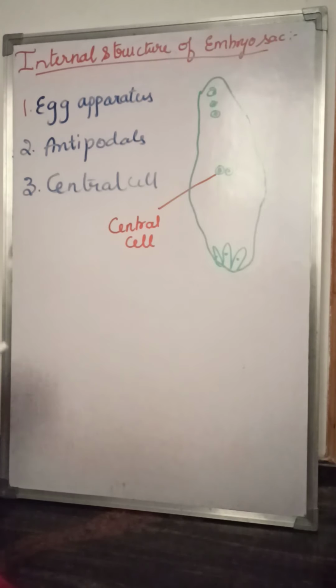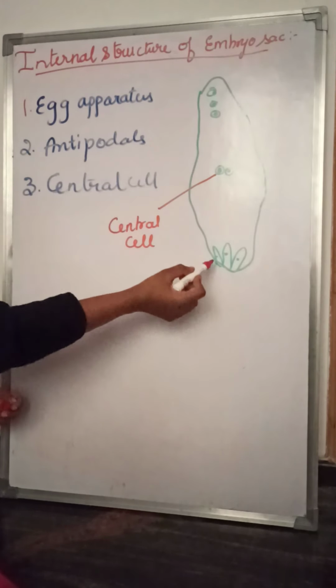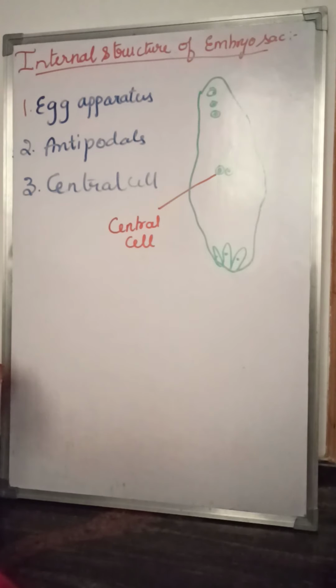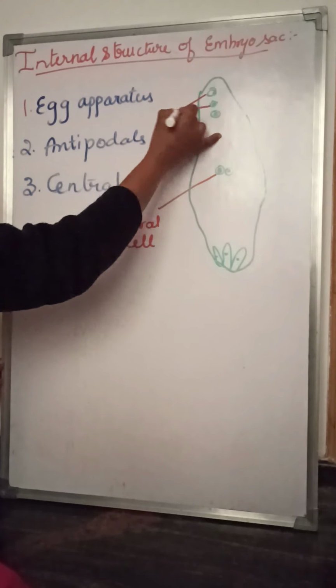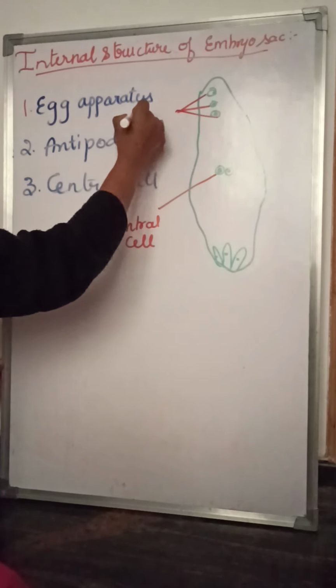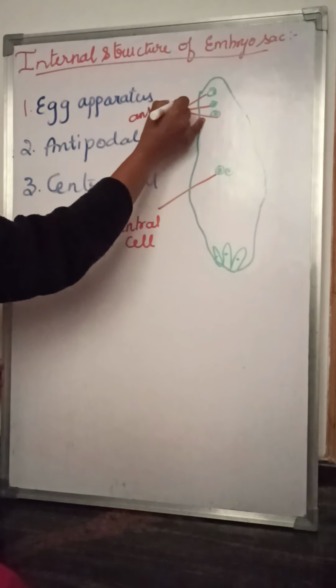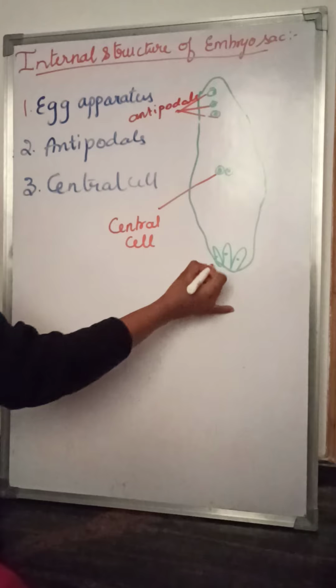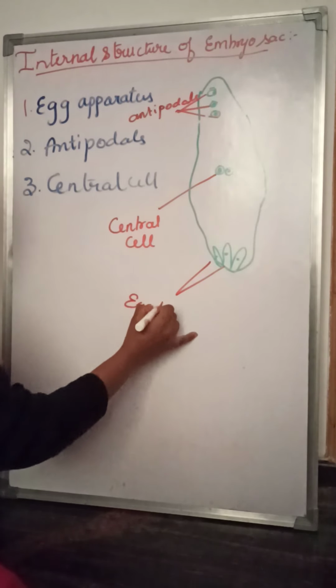There are 3 nuclei at one end, and here also there are 3 nuclei at the other end. These 3 nuclei are called antipodals. And these 3 are called the egg apparatus.